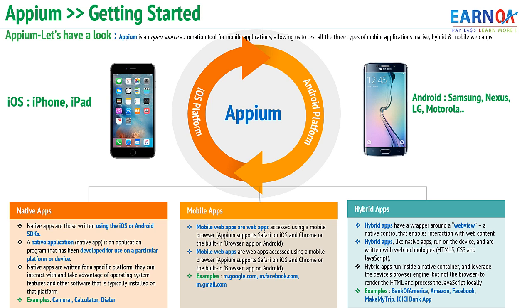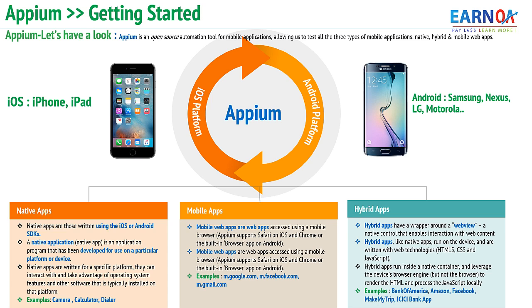So let me summarize once again. With respect to mobile technology, we have three types of applications: native applications, mobile web applications, and hybrid applications. Native applications are those which are to be installed and only work specific to the platform. Examples: camera, calculator, dial pad.